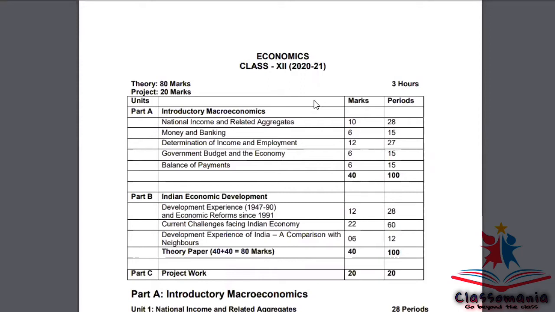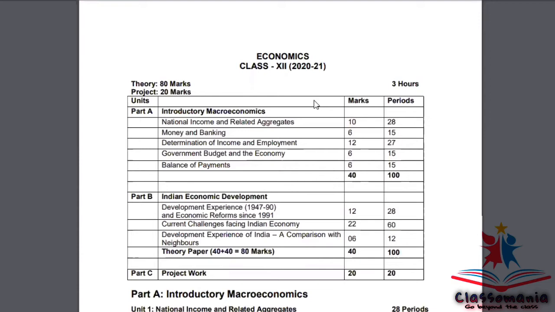In part B, Indian economic development, there are development experience 1947 to 90 and economic reforms since 1991, current challenges facing Indian economy, and development experience of India in comparison with neighbors.